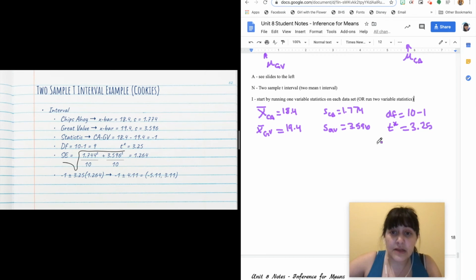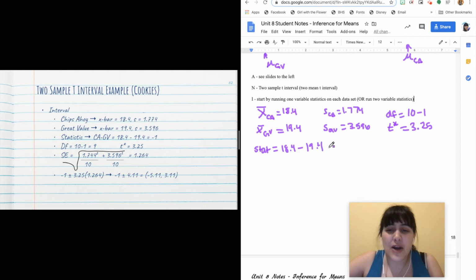Now all that's left to do before I can construct my interval is subtract these two, CA minus GV, and then figure out what my new standard deviation is using that formula. So my statistic is 18.4 minus 19.4.